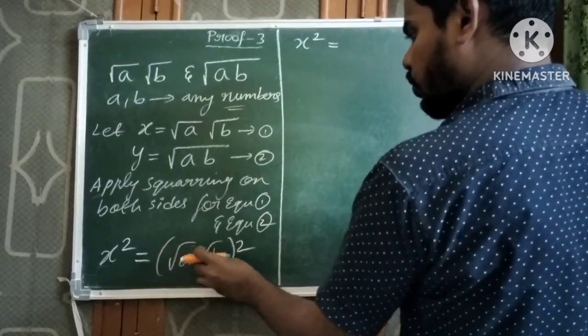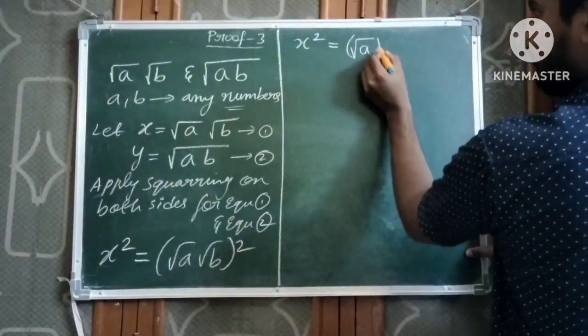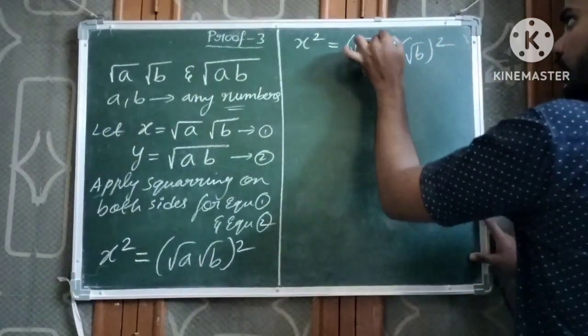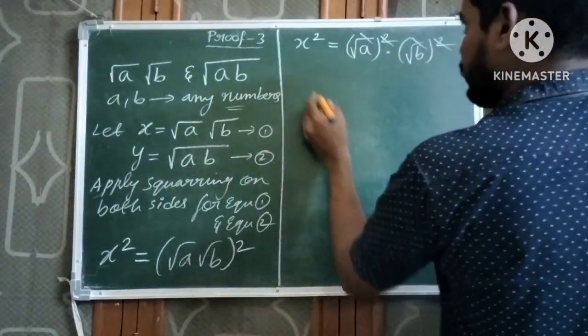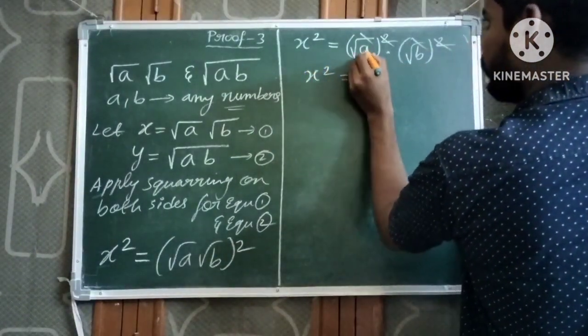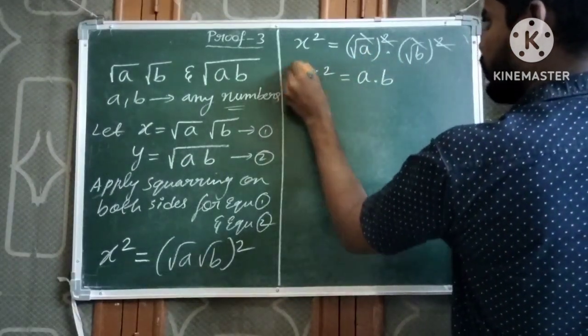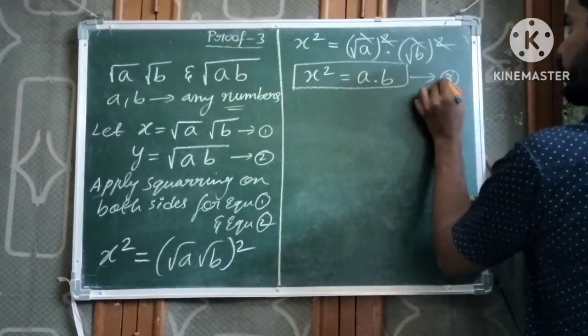It's like AB whole power m. What is the formula in exponents and powers? A power m into B power m. And square and square root get cancelled. You will get x square is equal to A into B. Let it be equation number 3.